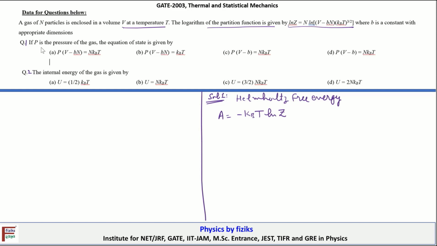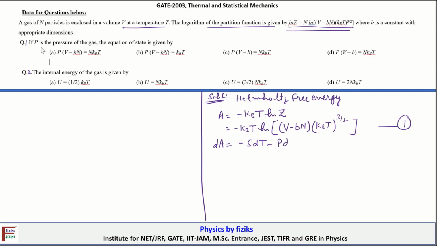Because ln z is given to us, ln z is equal to V times kB T ln (V minus Bn) times (kB T) to the power 3/2. Let's call this equation 1. Okay, so the change in Helmholtz free energy, from thermodynamics, we know is given by dA equal to minus S dT minus P dV. Let's call that equation 2.